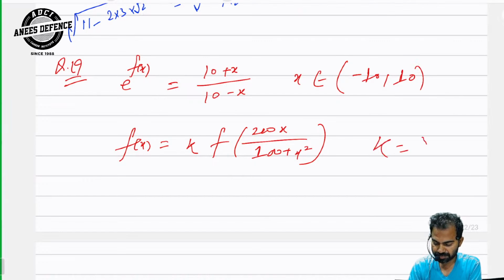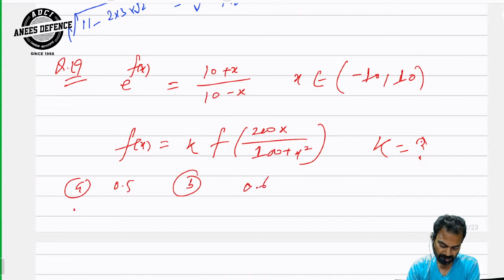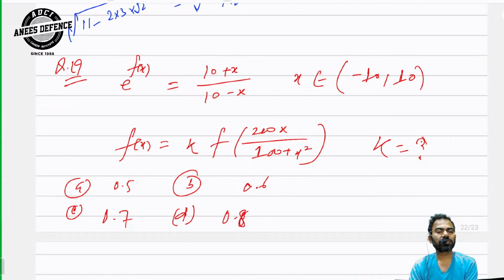Find k. The options are: first option 0.5, second option 0.6, third option 0.7, fourth option 0.8. Add this.